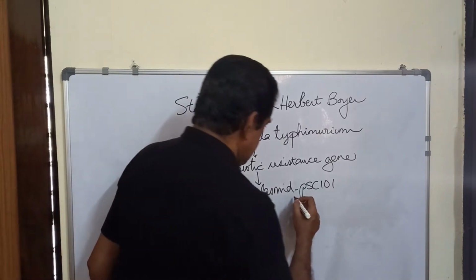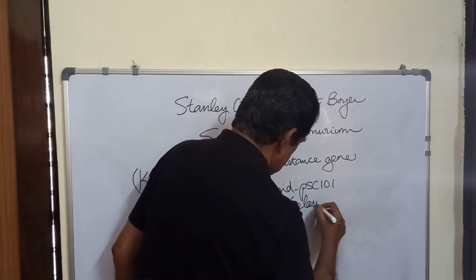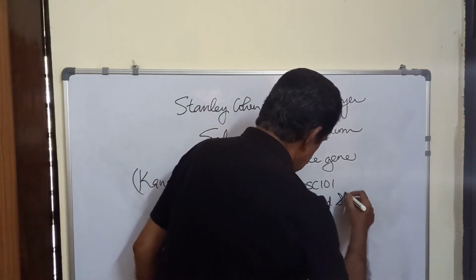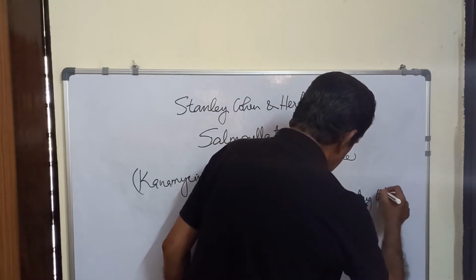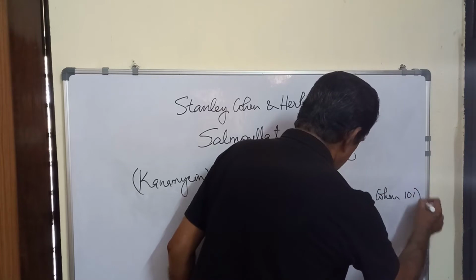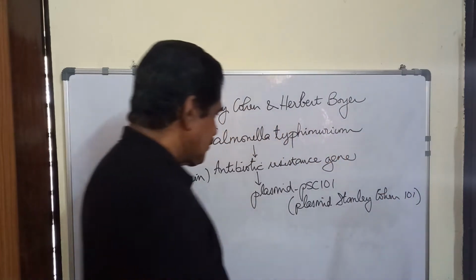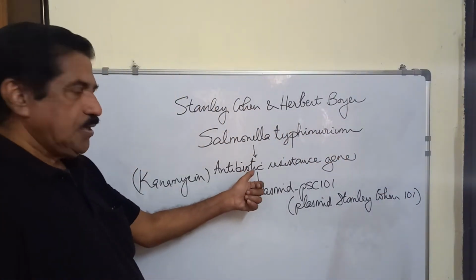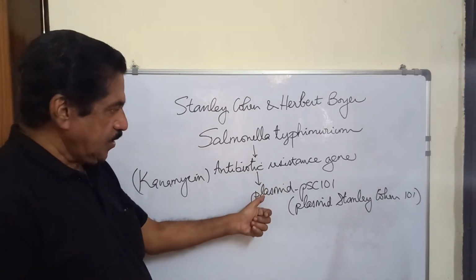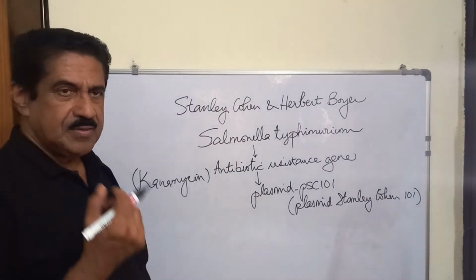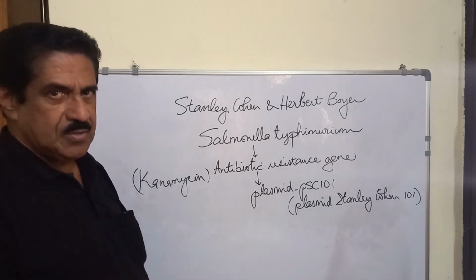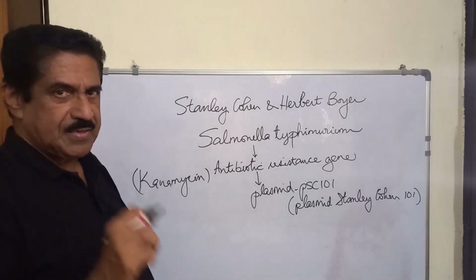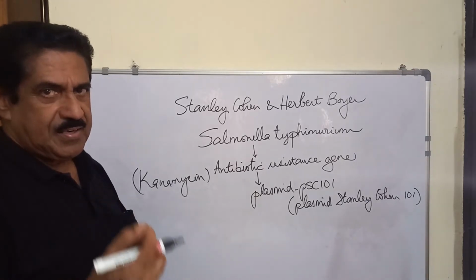The full form is plasmid Stanley Cohen 101. So they put this gene into a plasmid. For this insertion of the gene, they had to use two enzymes. One is restriction endonuclease that cuts DNA, and DNA ligase that joins DNA.